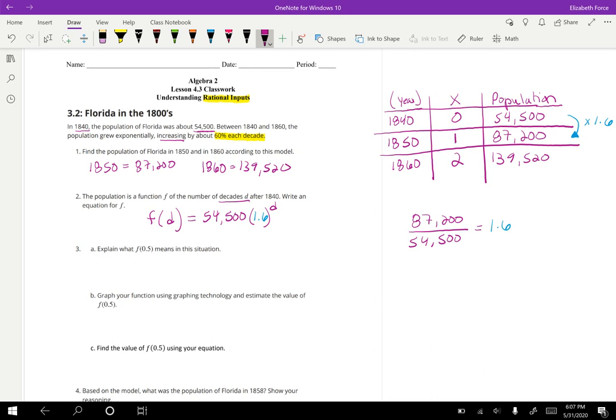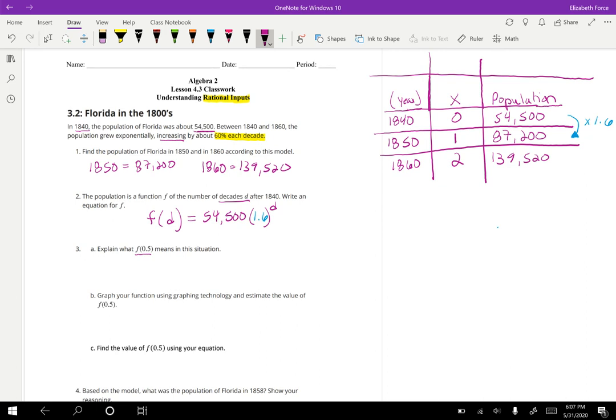So in number 3, part A, it wants you to explain what does f of 0.5 mean in this situation? Well, let's go ahead and look at our table over here. If I go backwards in my table, and this is why I made a 3-column table to kind of understand what this stuff means, if I go backwards from 0, if I go to 0.5, I'm halfway between 1840 and 1850.